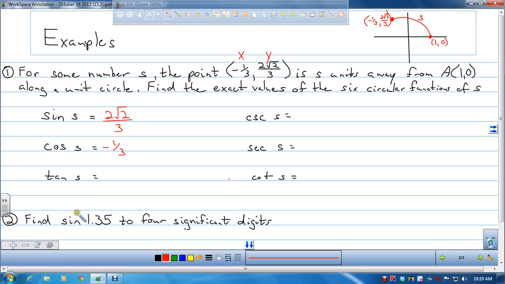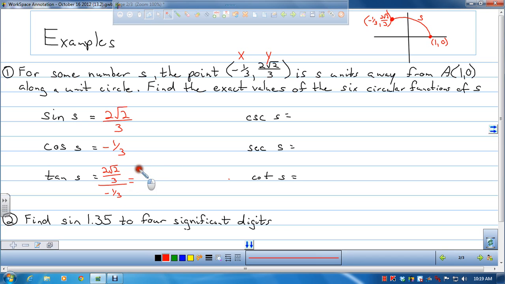Now, the tangent is a little bit more complicated. The tangent is, as we know, the sine over the cosine, so y over x. So I'm going to write that out. I'm going to have 2 root 2 over 3, and that's going to be over -1/3. Now we remember, if we are dividing fractions, what we do is multiply by the reciprocal, right?